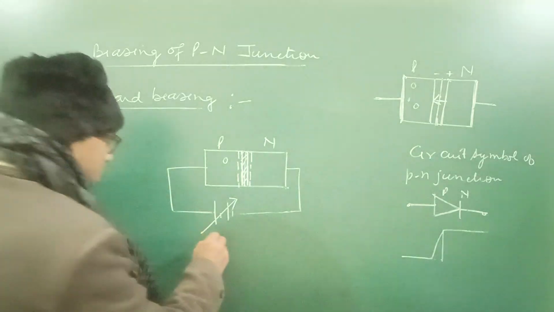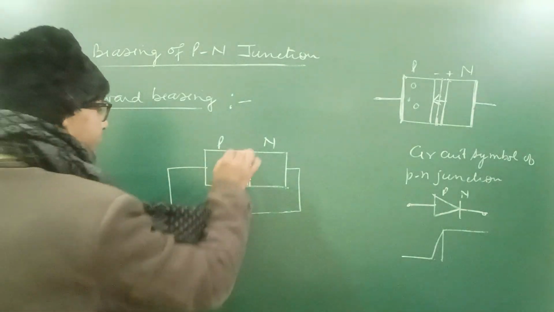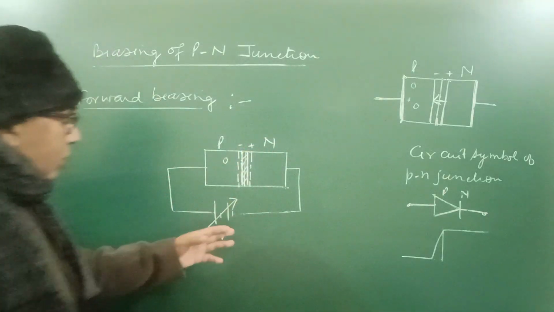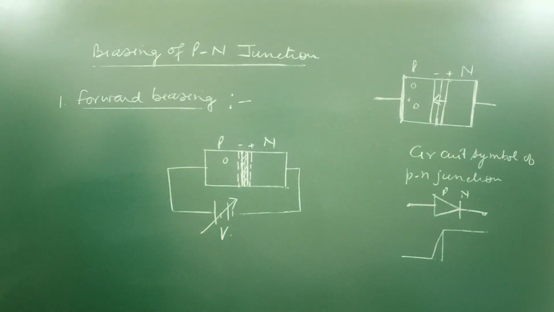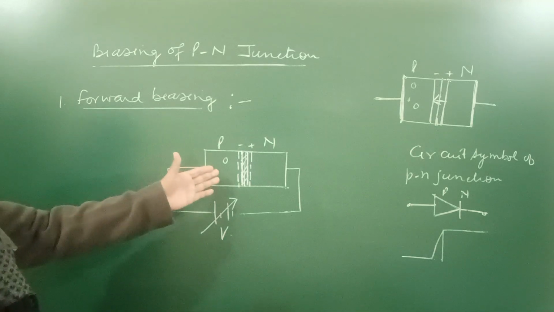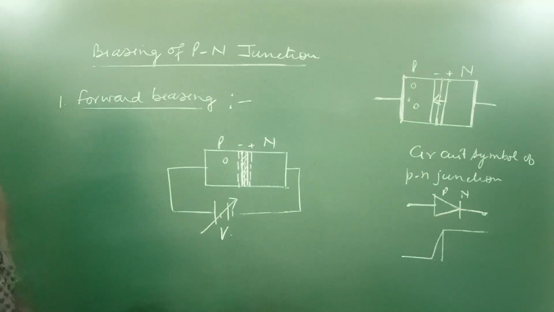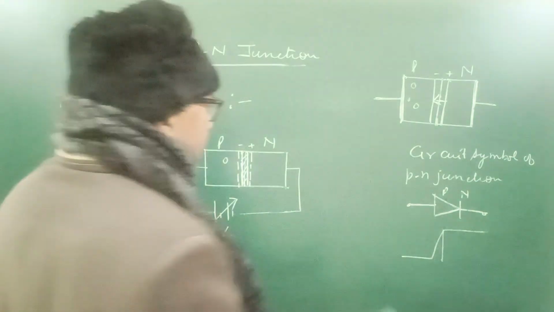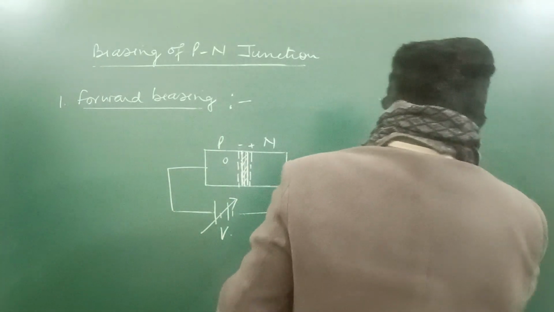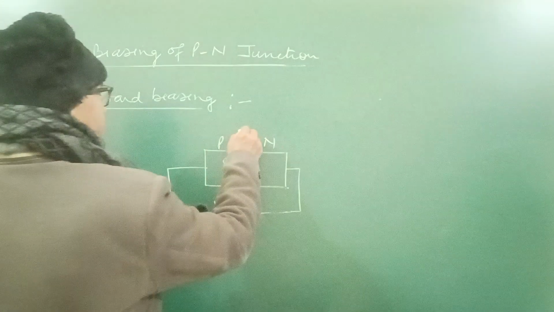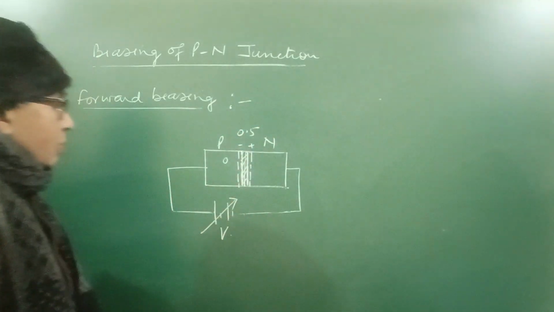Initially, when the potential difference applied here remains less than the potential barrier, then no hole or electron will jump across the depletion layer and hence no current will flow. If the potential difference of the battery is less than the potential barrier, no current flows, and you know it is nearly 0.5 volt.